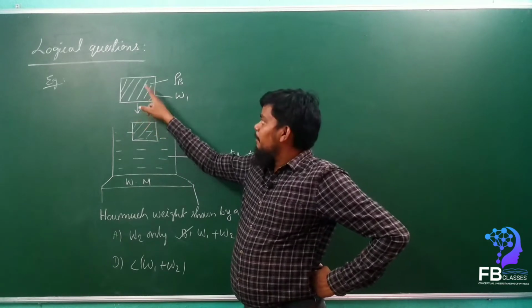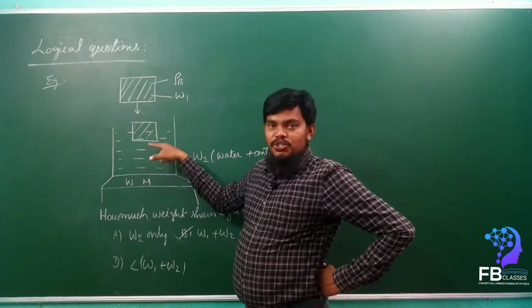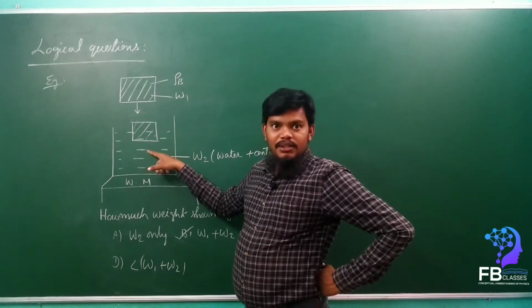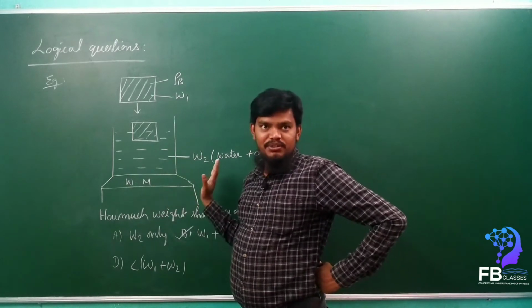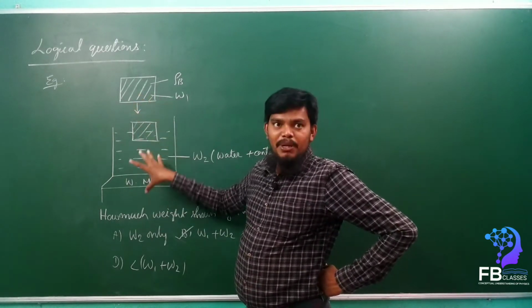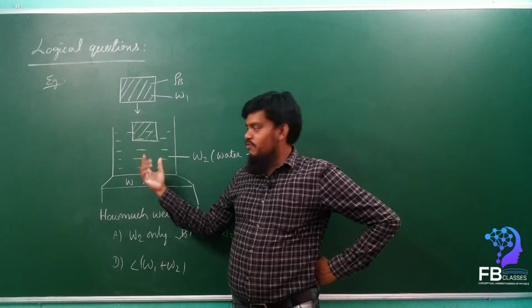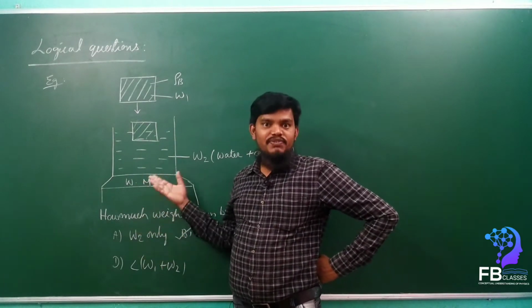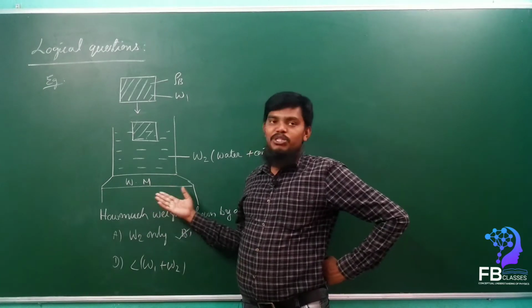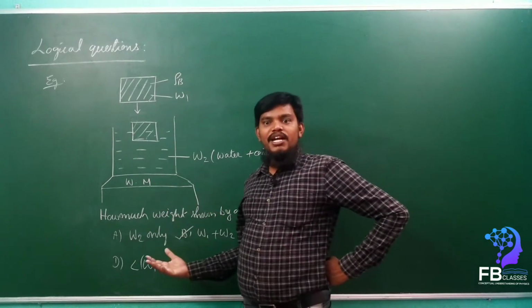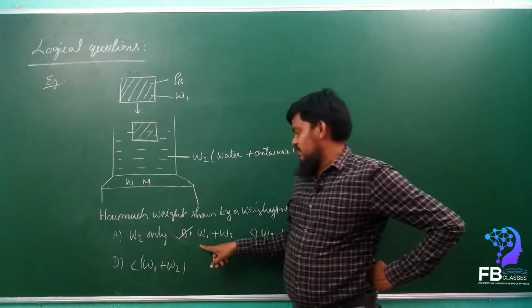But once the block applies force onto the water, this water will apply the force onto the weighing machine. That means both forces, of the block and of the water and container, are transferred to the weighing machine. So simply the weighing machine will show the reading as the combination W1 plus W2.